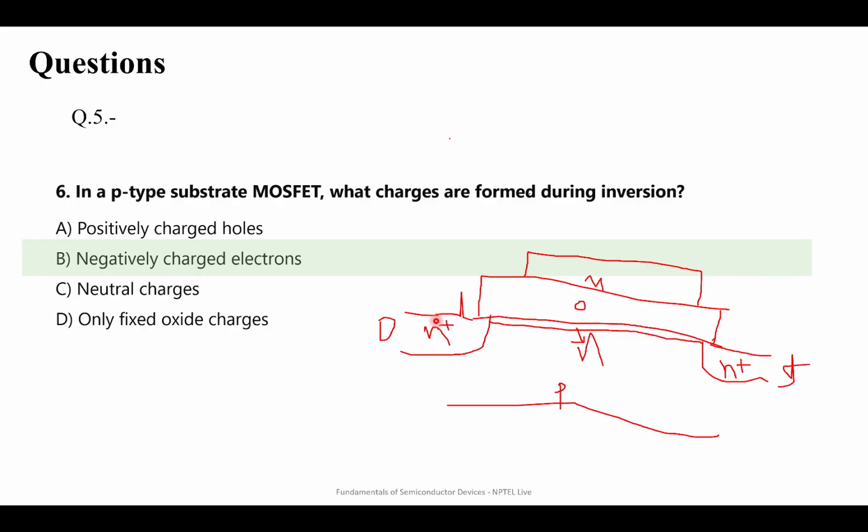Since your body is p type, your drain and source are n type, so they are opposite types of carriers. Hence there will not be any conduction from drain side to source side, or source side to drain side. But when you give a voltage to your metal and create inversion, you create inversion charges on your substrate near the interface.